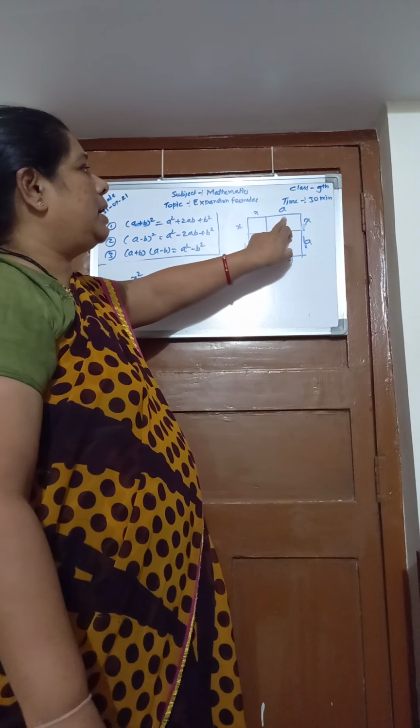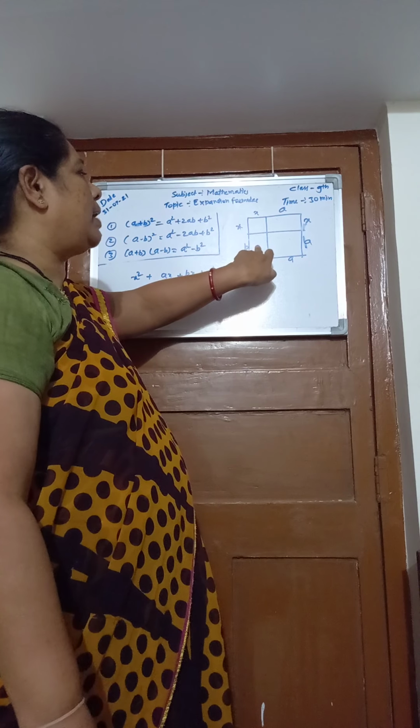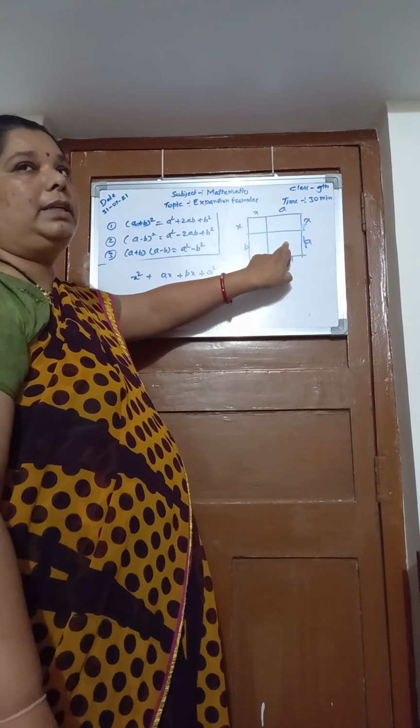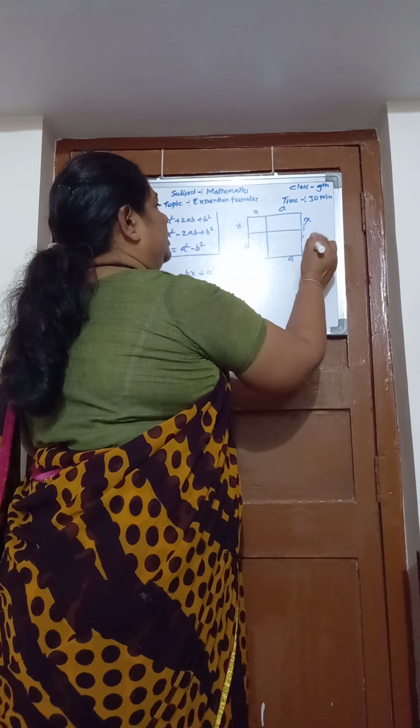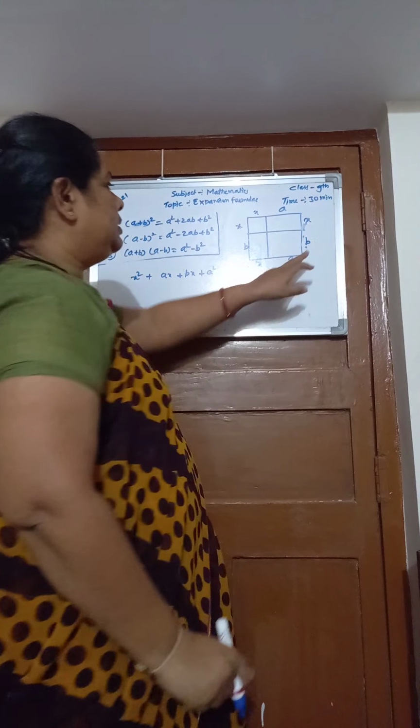This is a into x, this is x into b, and this is a into b, that is ab.